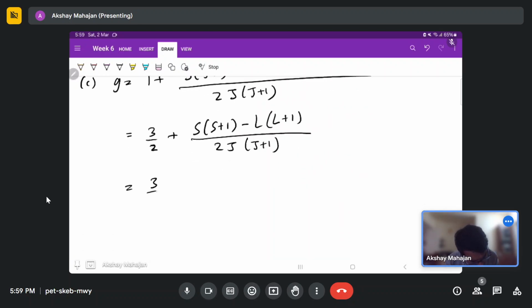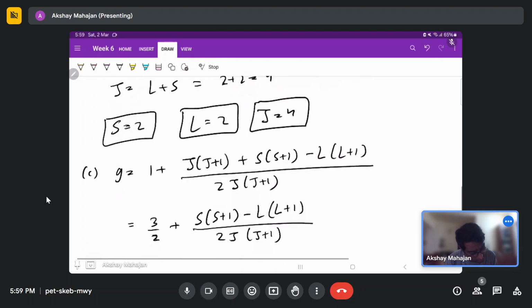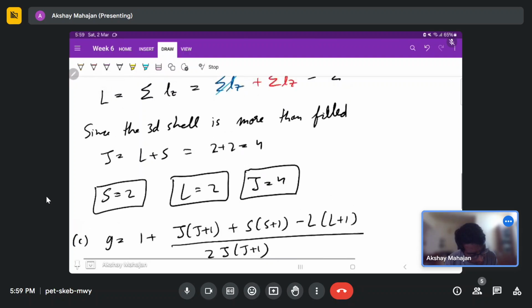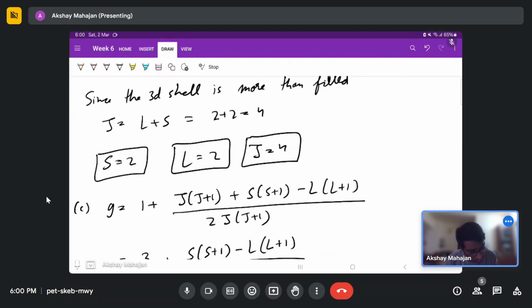So we'll get 3 by 2. S is 2, 2 into 2 plus 1 is 3, it will be 6, minus 6, divided by, we will have a 6 here as well. J is 4, sorry, 2 plus 2 equals 4, right? I guess I had written it here wrong.